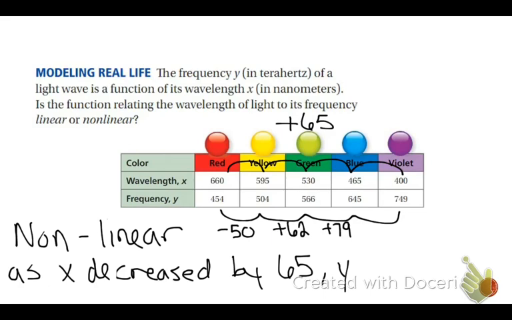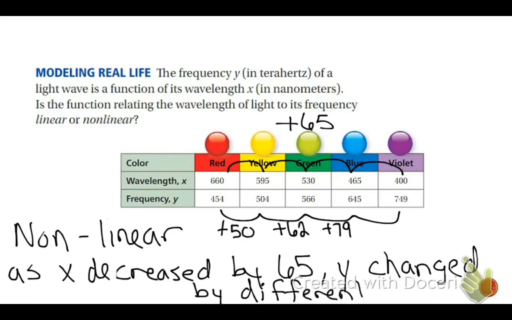Y, I'm just going to say changed because it decreased and increased. All right, changed by different amounts. It just increased. No. Oh, I'm sorry. It did. 454 up to 504. All right, again, we're still saying something similar. It changed by different amounts, okay, or it increased by different amounts. All right, so definitely nonlinear.